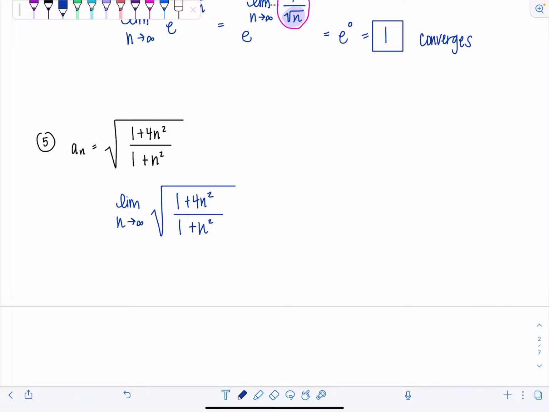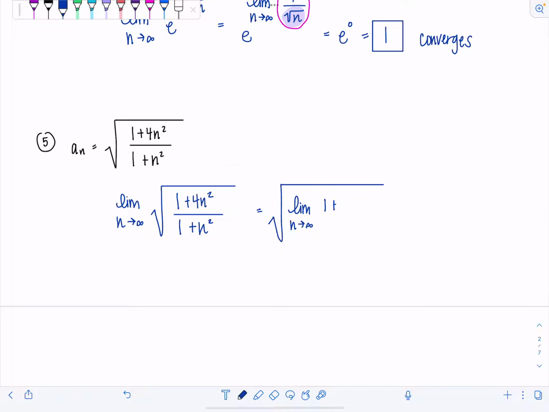Similar to the last example, we're going to apply our limit laws, and I can pass the limit underneath the radical. Since n is approaching positive infinity, always with these sequences, I know that the radical is going to be well defined. I'm not going to have any negative values underneath, so I can pass that limit underneath.